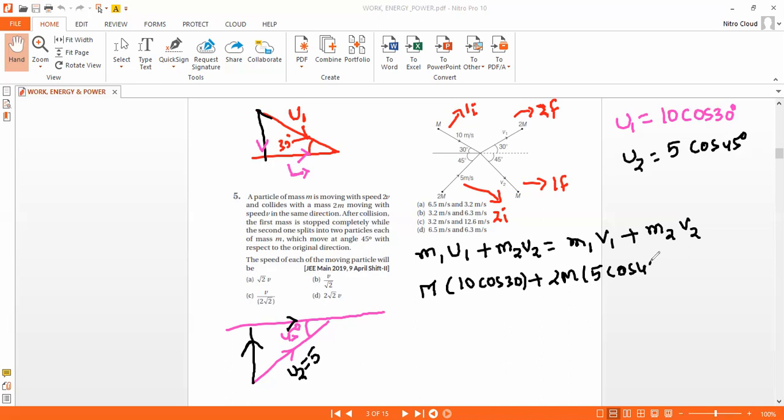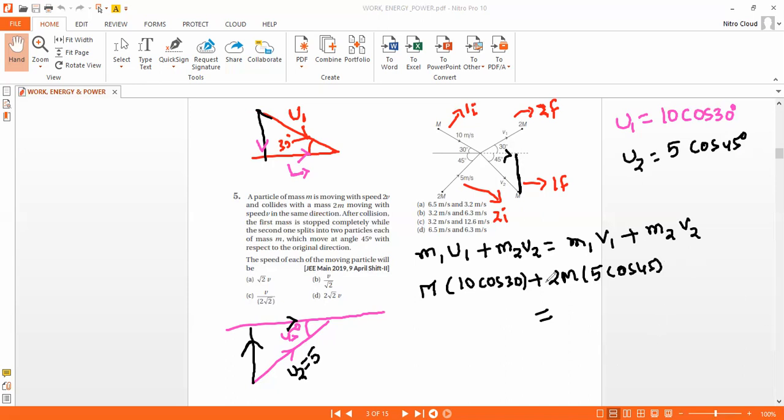Similarly, I'll find the x component after collision. After collision, if we draw a perpendicular here, the first particle is moving along the positive x-axis, right?